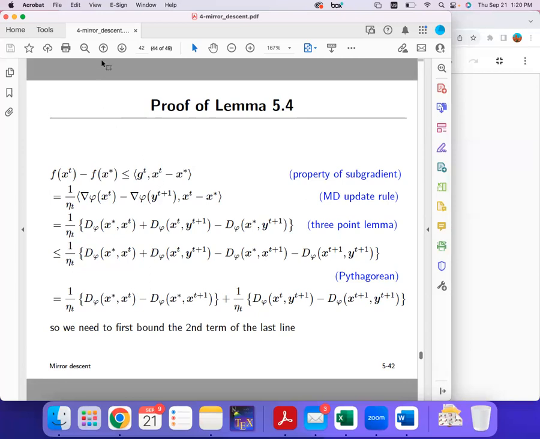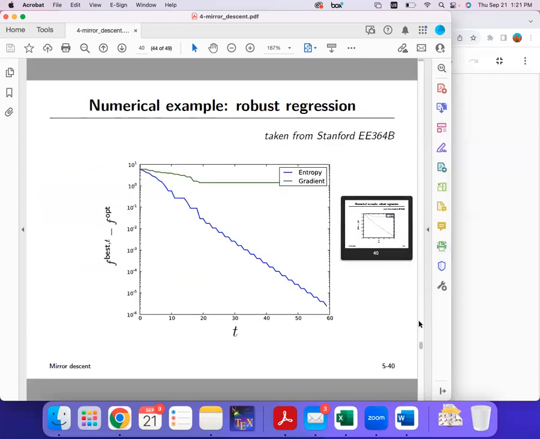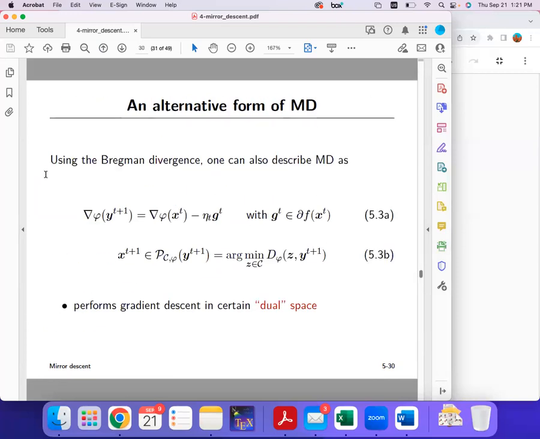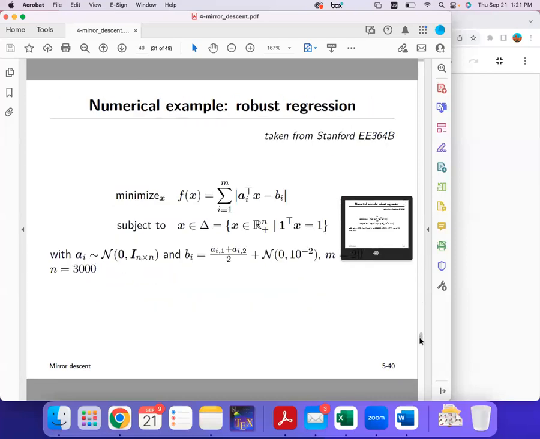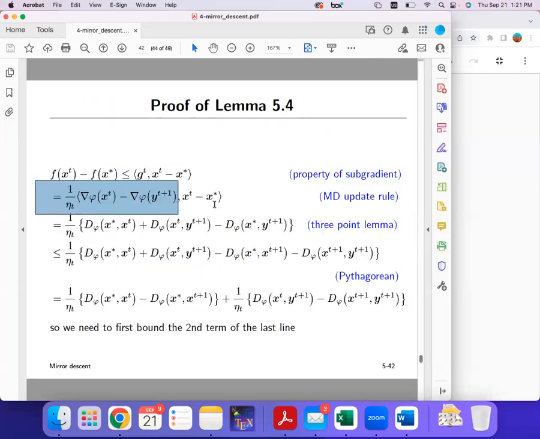So by the mirror descent update rule, g_t equals 1 over eta times the difference of the gradient terms. Okay, this is given here. This is the alternative form of mirror descent. Right, g_t is given by the difference of these gradient terms. Okay, so basically this is the algorithm update.